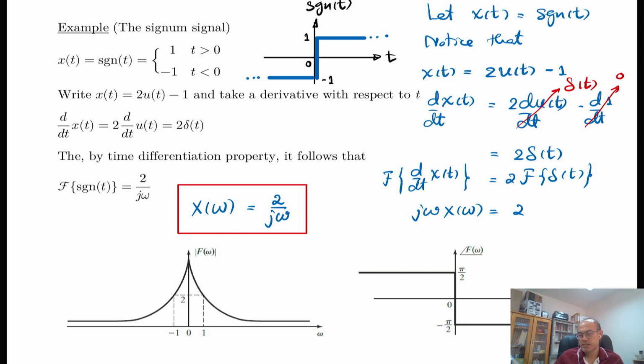You see, it is not a real valued function because the signal is an odd function. This is an odd function, so it has only the imaginary part. It doesn't have any real part at all.